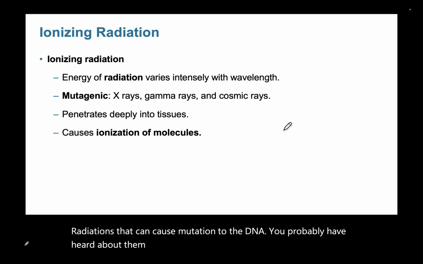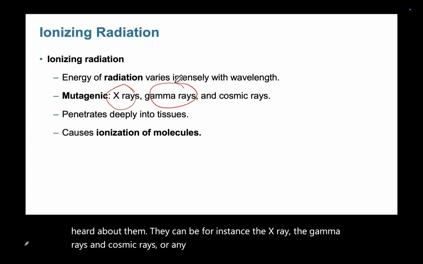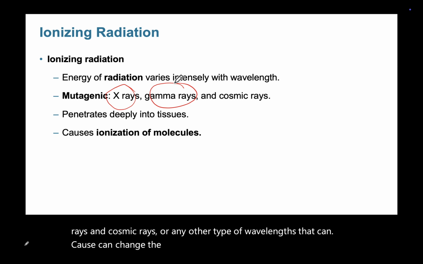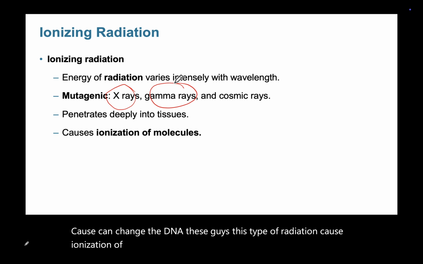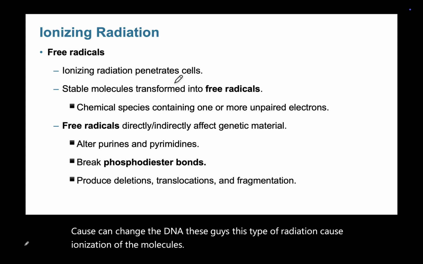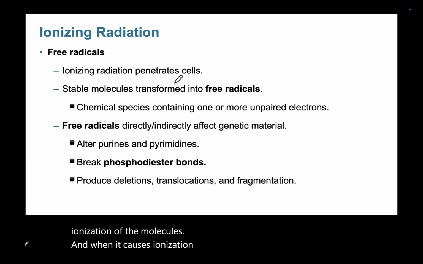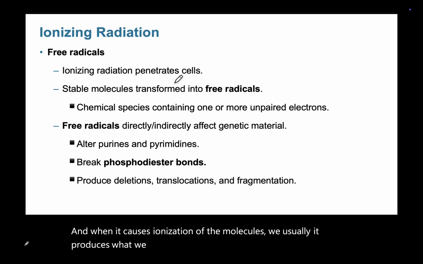They can be, for instance, X-rays, gamma rays, and cosmic rays, or any other type of wavelengths that can change the DNA. This type of radiation causes ionization of the molecules. And when it causes ionization of the molecules, it produces what we call free radicals.